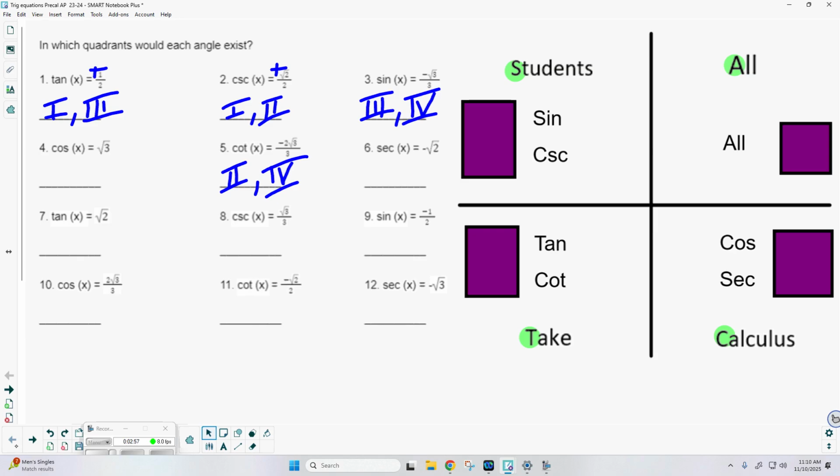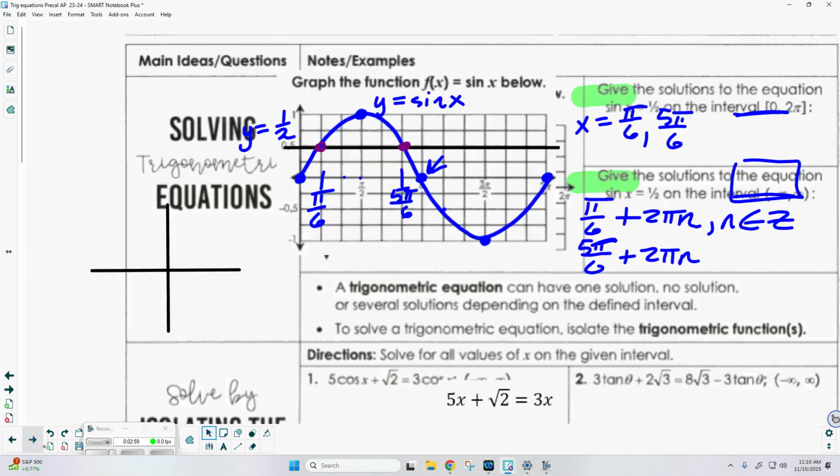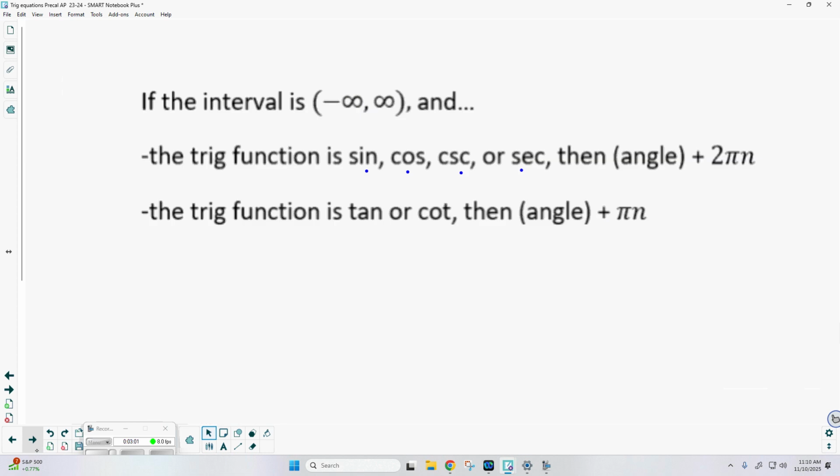Okay, cool. All right. The only other thing, you want to go ahead and pay attention to the interval that you're solving on. If it asks you to solve on the interval from negative infinity to positive infinity, this is looking for all possible solutions. So that means instead of exact answers, you're going to be writing your solutions as expressions.